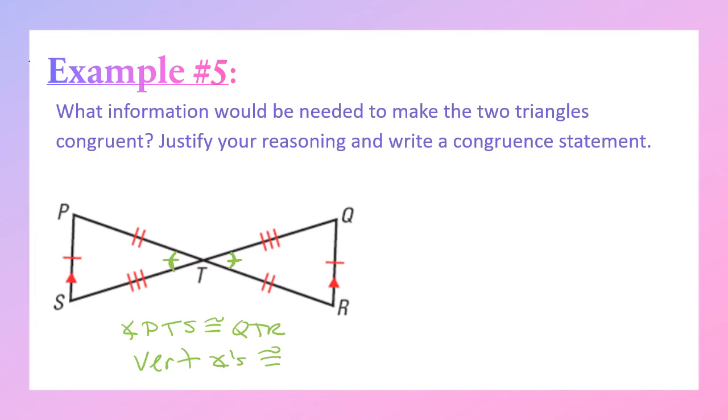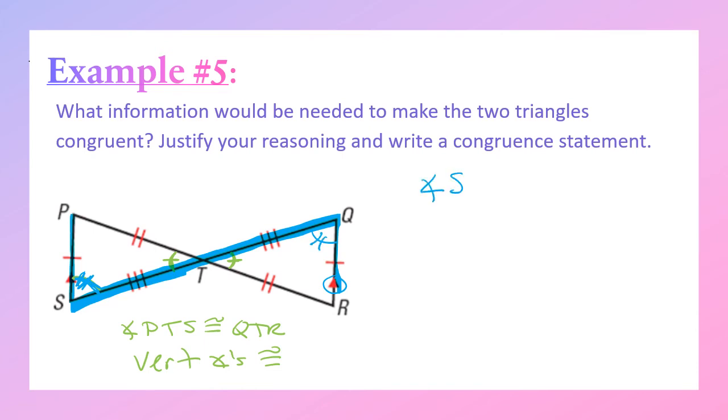The other thing I really have to look at here is that they told me these 2 lines are parallel. And when I have 2 parallel lines, that allows me to use that magic Z. So if I make my Z go along like this, what that tells me is that this angle here and this angle here at Q are congruent.